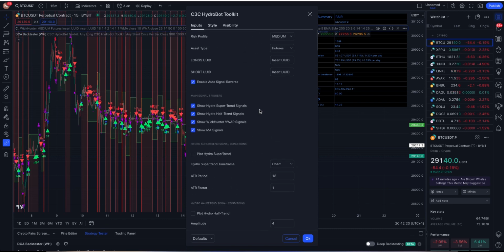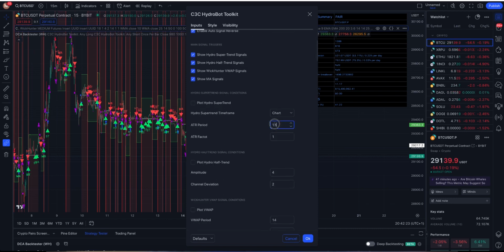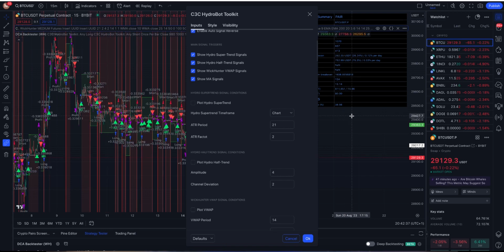I'm just going to try, we had an alright signal when we had that 21 and that at 2. Let me just see what that does with them filters turned on. There we go. I mean, that's not great, but we've managed to get this down.